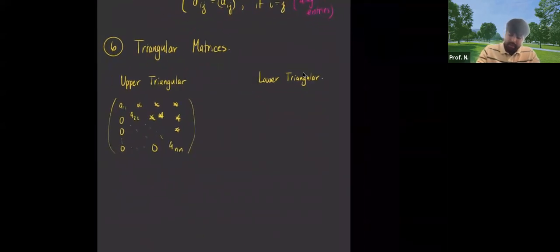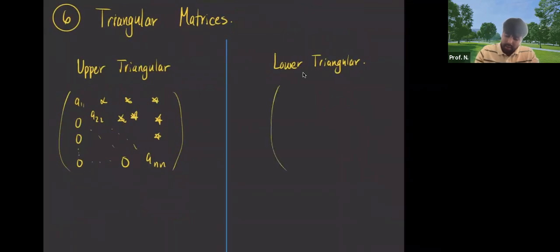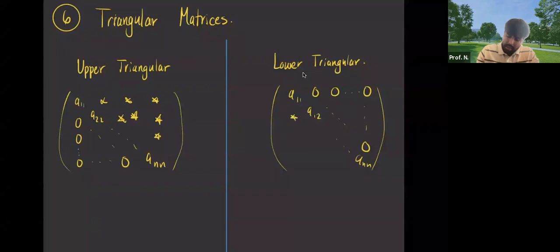And then you have lower triangular, which is just the opposite. We have zeros all above the main diagonal, but you have non-zero entries below it.